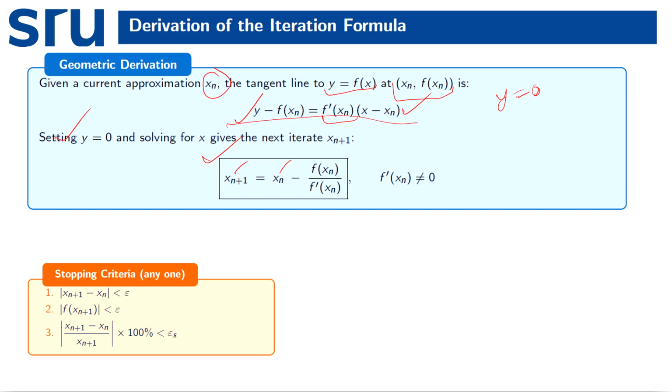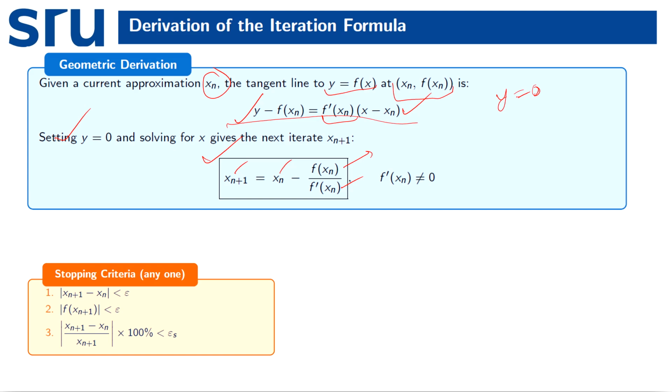Let us break it down. f(xn) tells us how far we are from 0. f prime(xn), the denominator, tells the slope of the curve, and the ratio adjusts the correction step. So essentially we are correcting our guess using slope information.